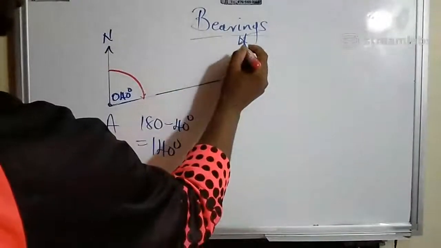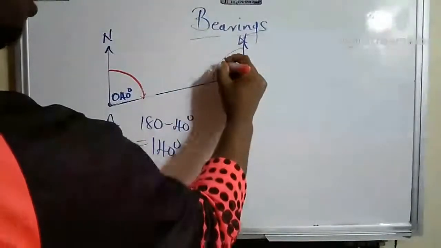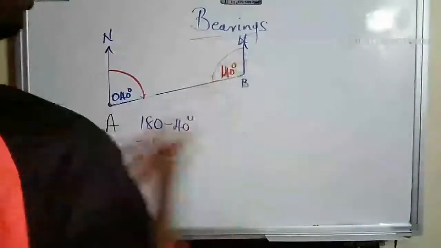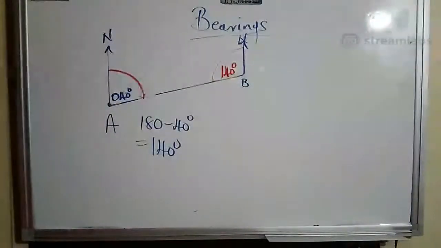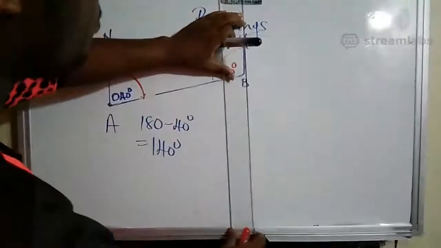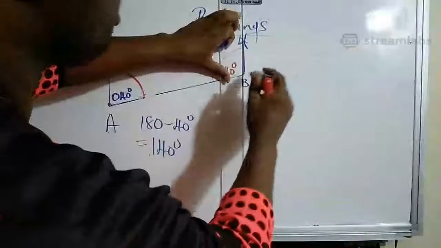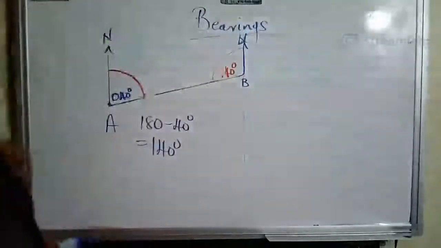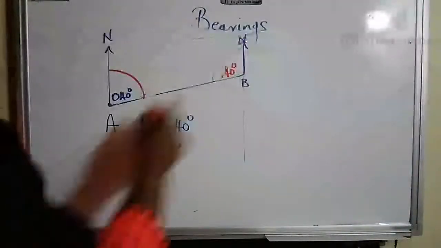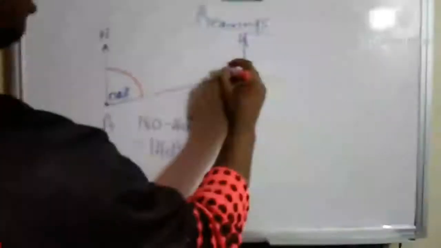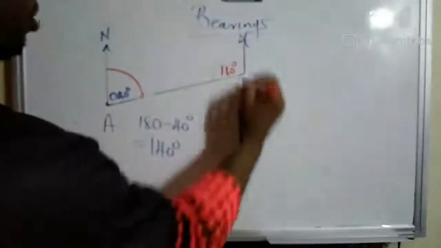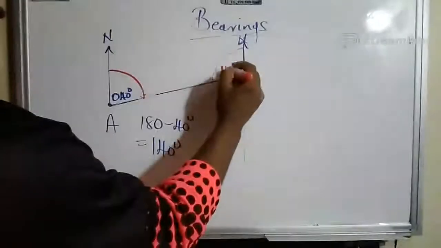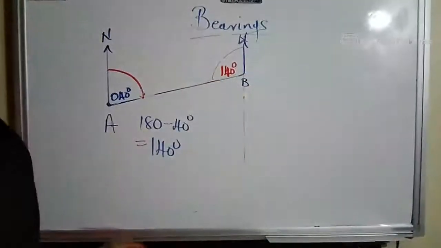This right here would be 140 degrees. Now what's the significance of that? Let us just extend the line and then we can see what I'm trying to say. If we extend this line right here, use a dotted line, and right here is 140. This line will be a straight line, right? Angles on a straight line add up to what?